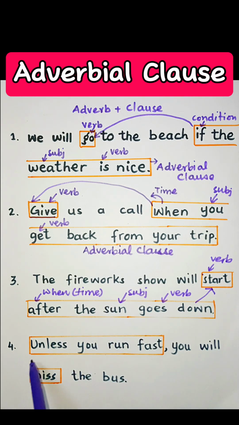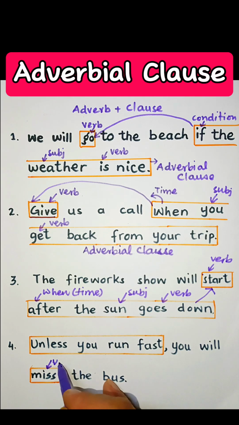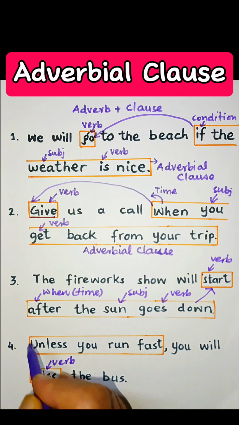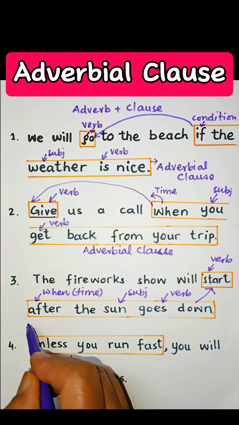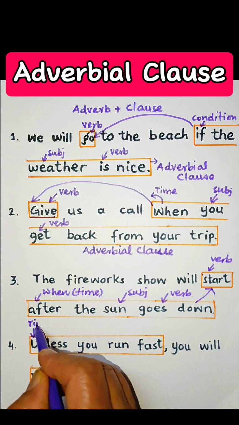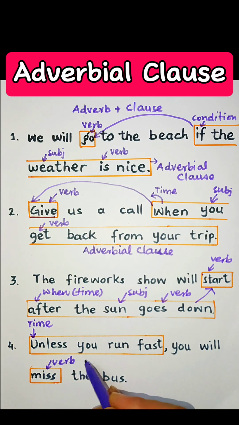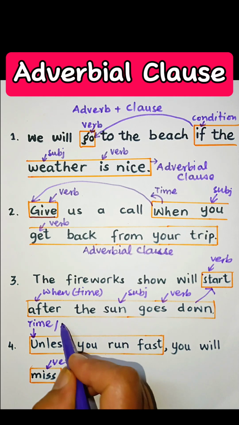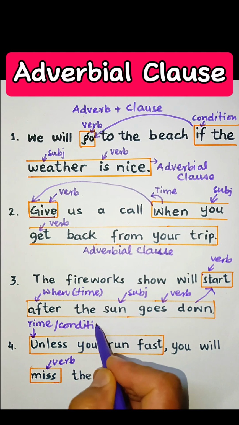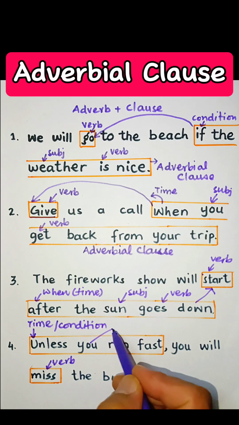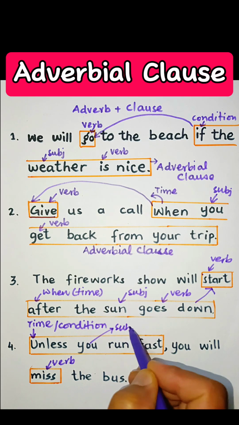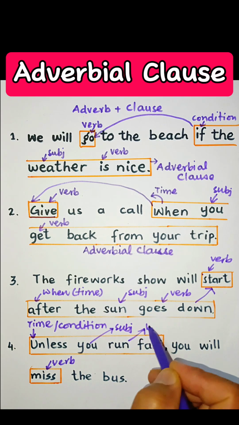Now look at the last sentence. Unless you run fast, you will miss the bus. So here the action, or the consequence, or the verb, is missing the bus. You will miss the bus when? This shows the answer to the time, or it shows condition as well: unless you run fast. Over here you is the subject and run is the verb.